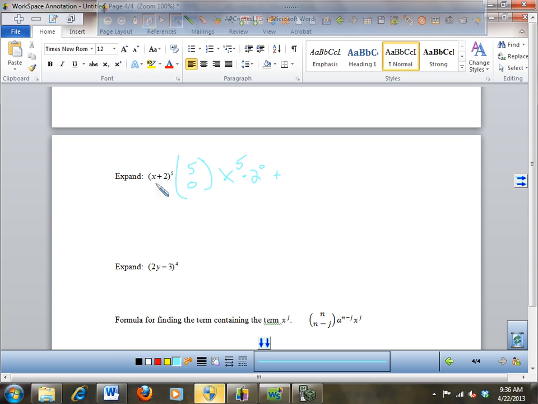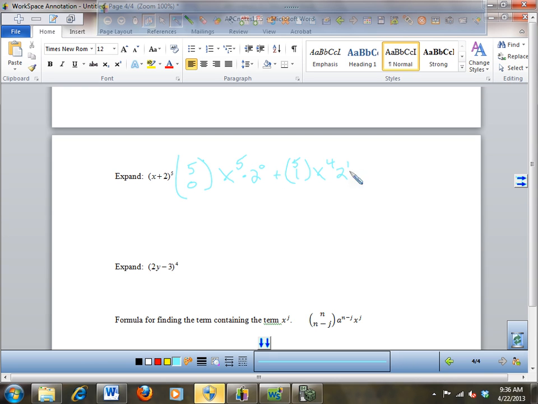The next term, all that happens is this turns into 5 combination 1. This goes down by 1 to x to the 4th. This goes up by 1 to 2 to the 1st. These two exponents always have to add up to the degree of the polynomial.